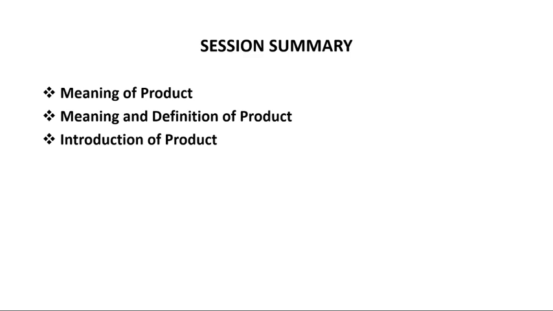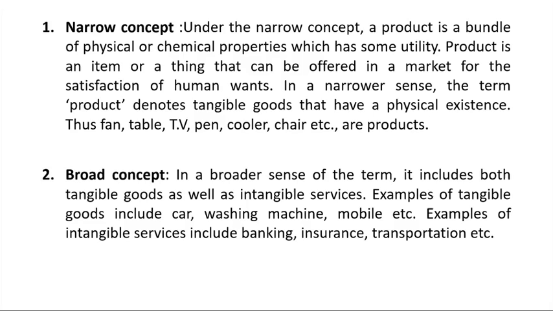Then we saw some definitions given by two eminent economists. Then the introduction of a product, where we studied the two concepts, narrow concept and broad concept. In the next session, we will see the further part of this chapter. Hope you have understood it.